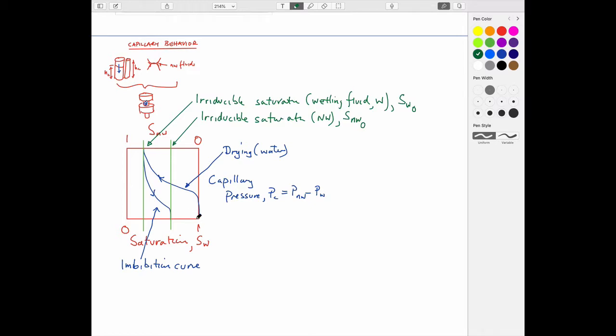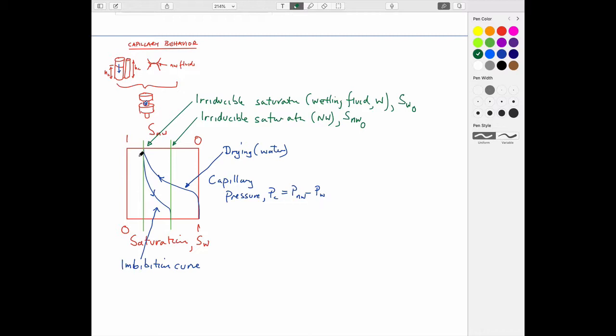So it means that if we try and push a bubble of oil into the system from zero saturation, we go up this curve, but this curve ultimately goes almost vertically upwards, and that's the level at which we can't get any more oil into the system because the water that's left won't come out.